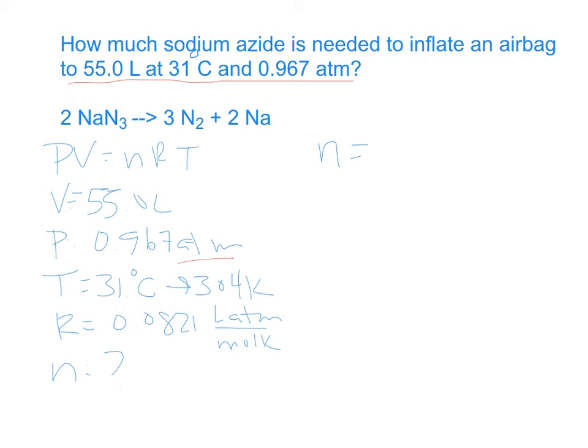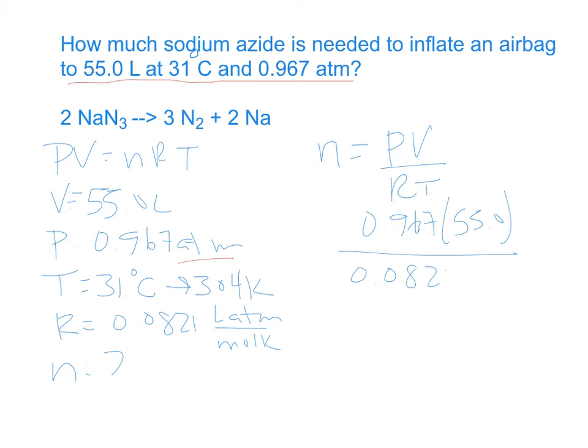So from PV equals nRT, I know that n is going to equal PV divided by RT. So now I'm just going to plug everything in. My pressure is 0.967. Volume is 55 liters. Divided by 0.0821 times 304.